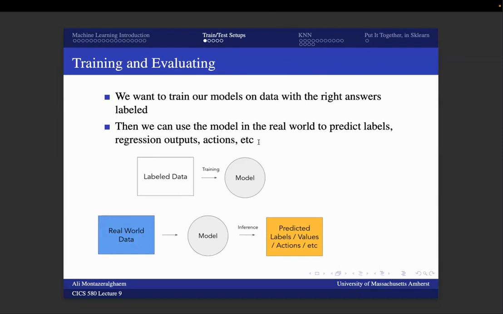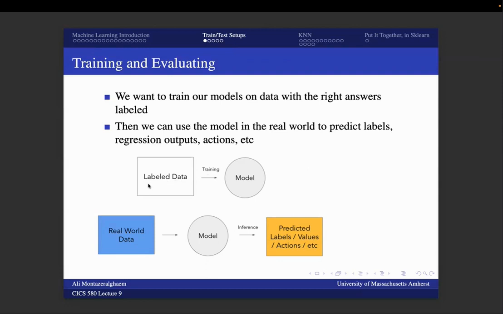You get the model and train on the labeled data, and after training and being confident about the performance of the system, you can use it to predict labels for new or real-world data.